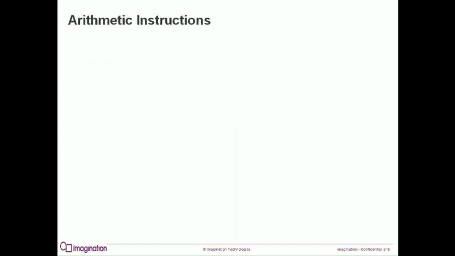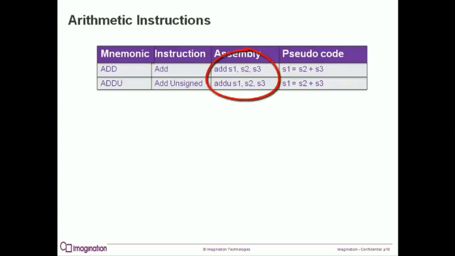Now I'll go over basic arithmetic instructions. Each one will have a signed and unsigned version. The unsigned version will end in U. First, the simple add instruction, which takes two registers, adds them together, and places the results in a destination register.